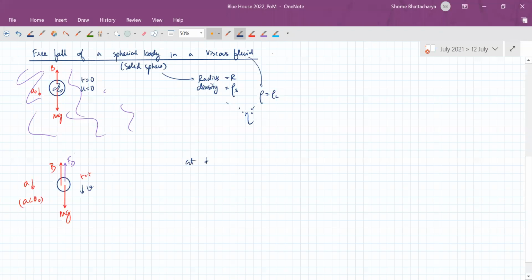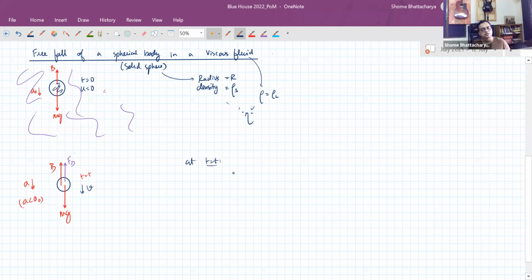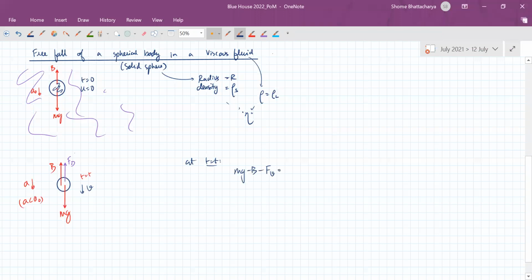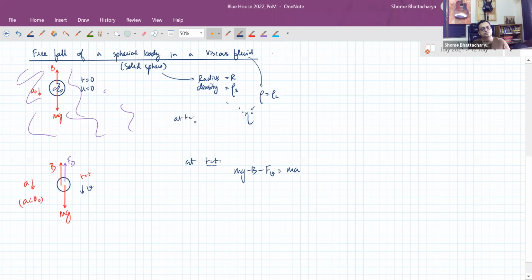So at time t equal to t, we have mg minus buoyant force minus viscous force is equal to m into a. Whereas at t equal to 0, we had just mg minus buoyant force is equal to m a0. So you can see that mg minus buoyant force we can directly write as apparent weight.